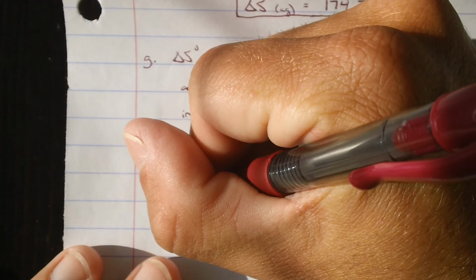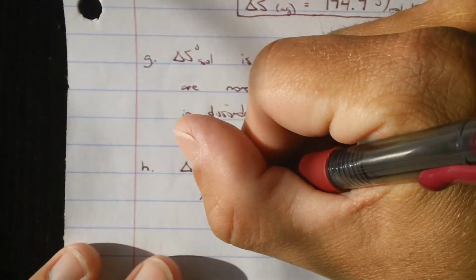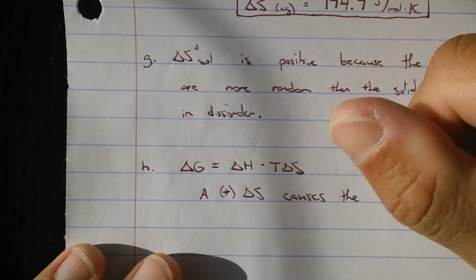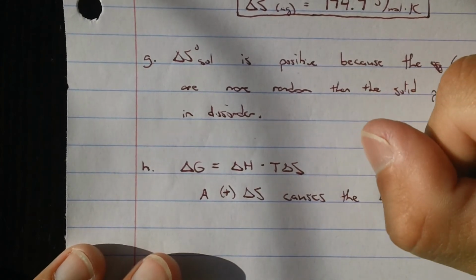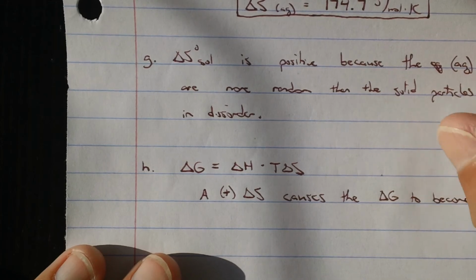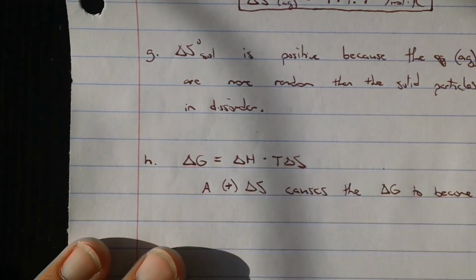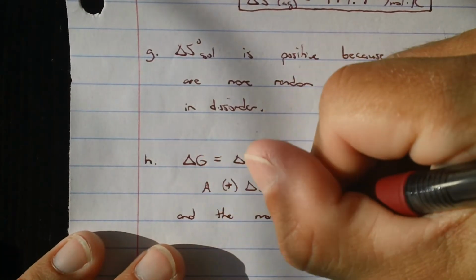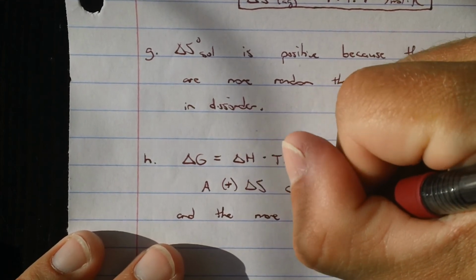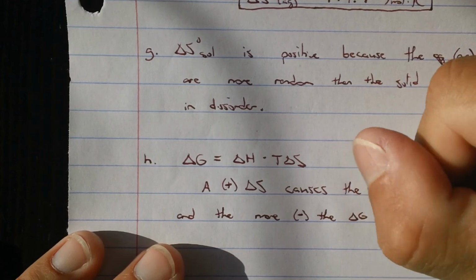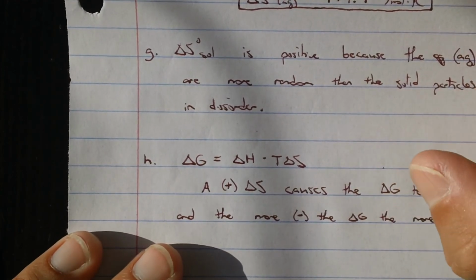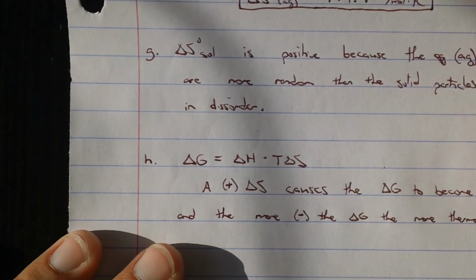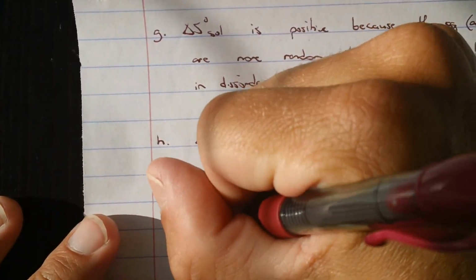So I wrote down a positive delta S causes the delta G to become smaller, and the more negative the delta G, the more thermodynamically favorable.